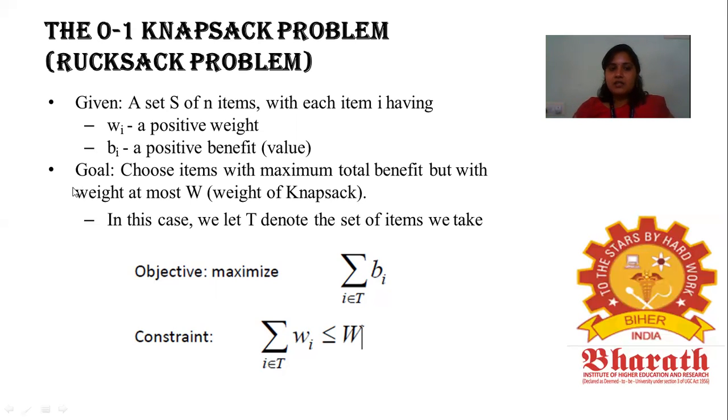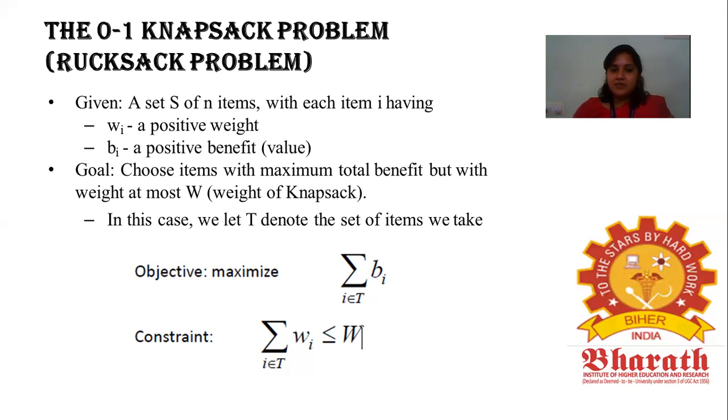So see here, this is the given condition. Which means that n number of items will be given. For each item, we'll have a positive weight and a positive value or benefit. So what is the goal? What are we going to do? The goal is to choose items with the maximum total benefit, but with the weight at most the capacity of the knapsack.